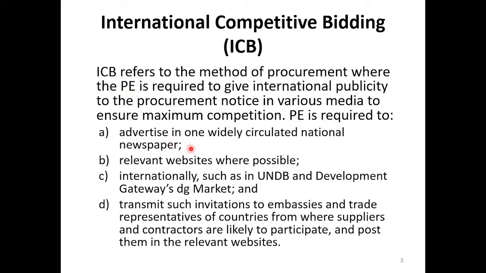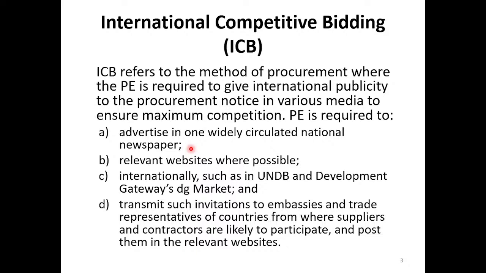The procuring entity is required, number one, to advertise in one widely circulated national newspaper. They have to advertise the invitation for bid in a national newspaper, which is also applicable in national competitive bidding.